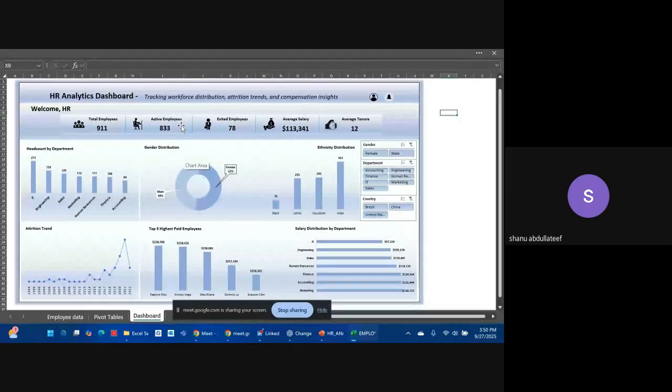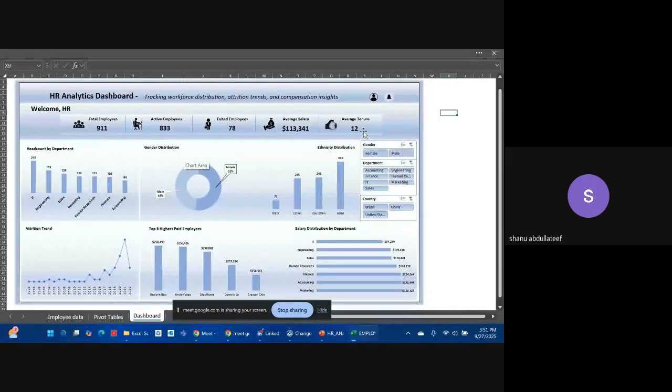We have the exited employees at 78, which sums up to 8.56 percent. The average salary of our employees is $113,341. And the average tenure so far is 12 years.